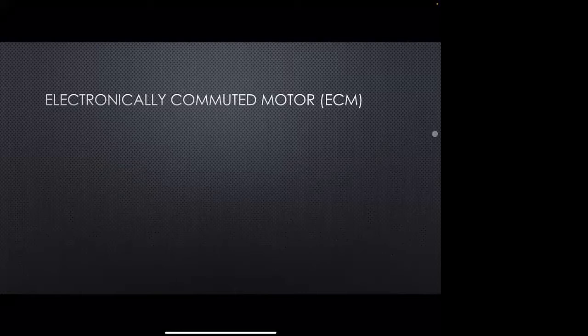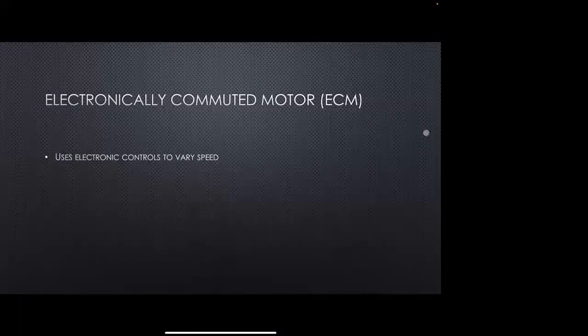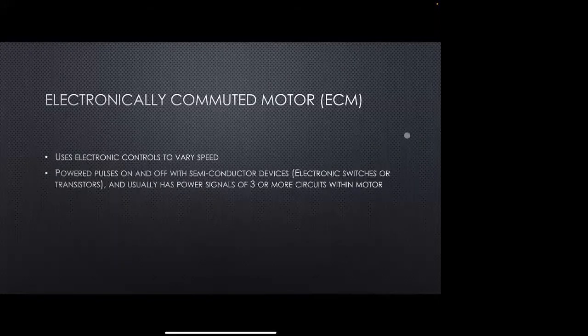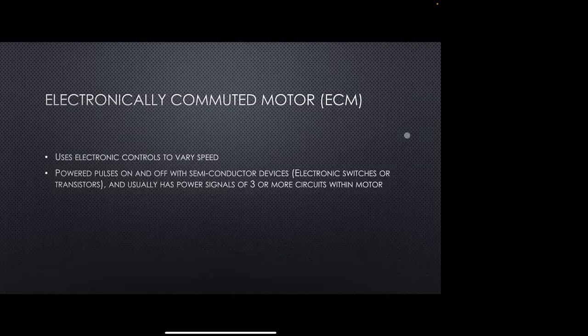Now we have ECM, or electronically commutated motors. Those use electronic controls, such as a control board, to vary speed. The power is pulsed on and off with semiconductor devices, electronic switches or transistors. These usually have power signals of 3 or more circuits within that motor.